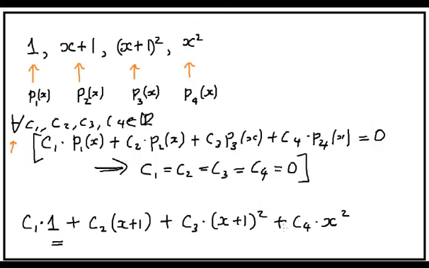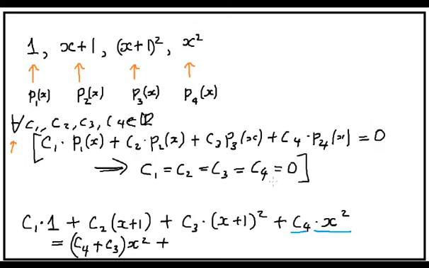Okay, so let's start looking at the square terms. There is one square term here with C4, and there will be another one coming out of this x plus 1 squared. So altogether we'll have C4 plus C3 times x squared.